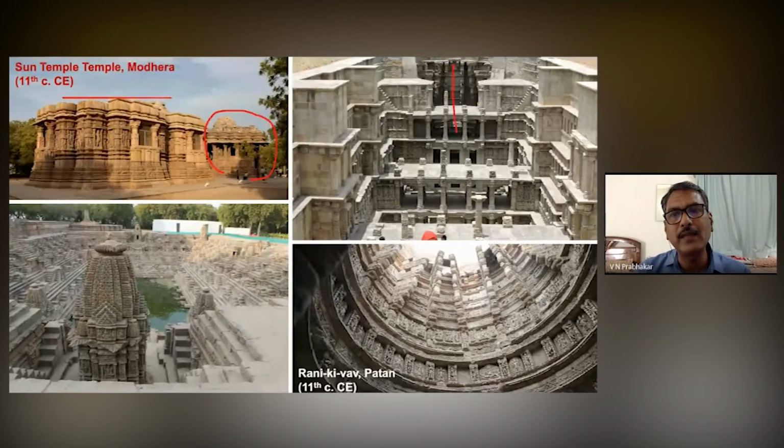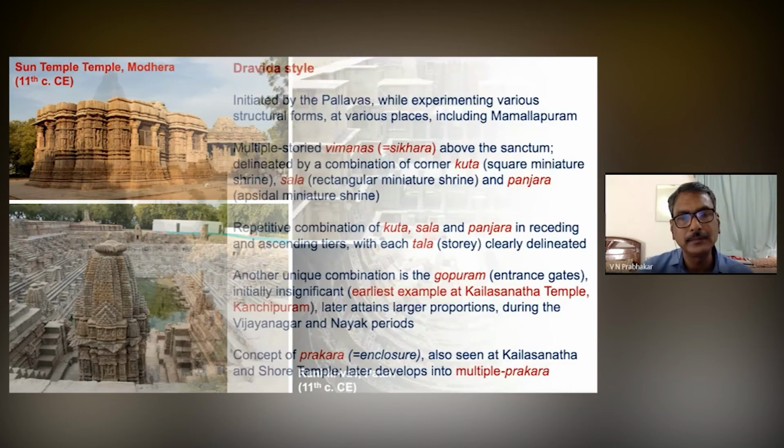This is the well shaft, rising to nearly 7 stories, with depictions of Sheshasayi Vishnu at different levels. Depending upon the level of water filling in the well shaft, each and every story has a depiction of Sheshasayi Vishnu. So this is another very important aspect when compared to the other regional contexts.